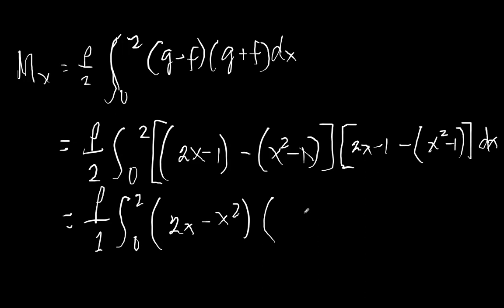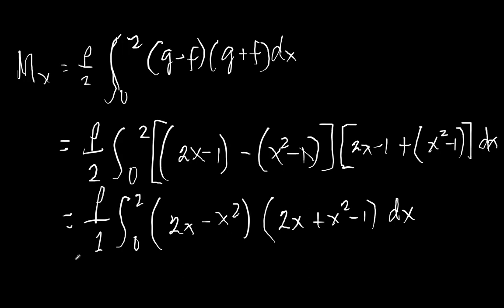This one is 2x, oh, this one is positive. 2x plus x squared minus 1, if I'm not mistaken. Yeah, we're just adding up the numbers. Okay, so we need to get the product of this.